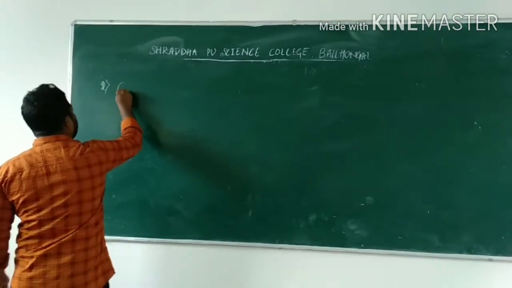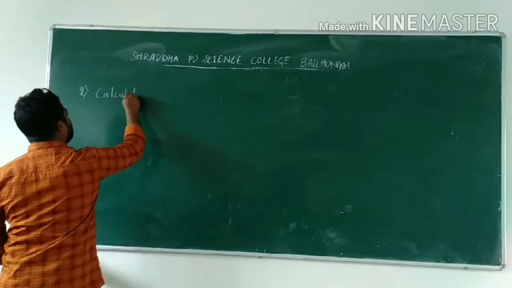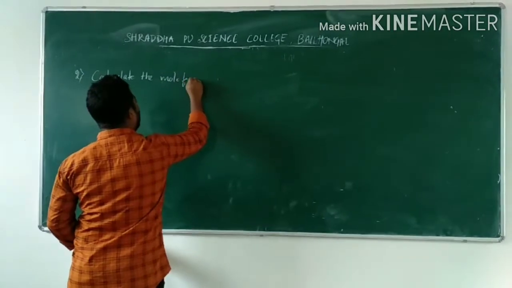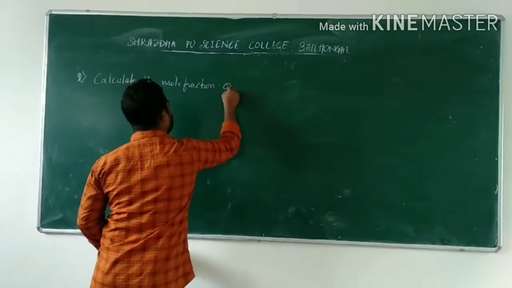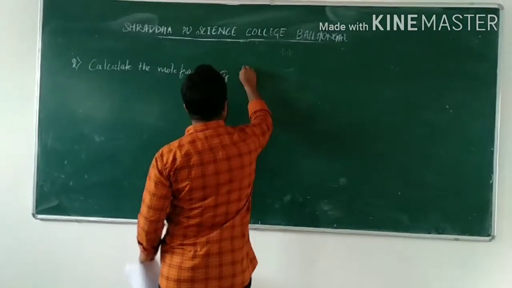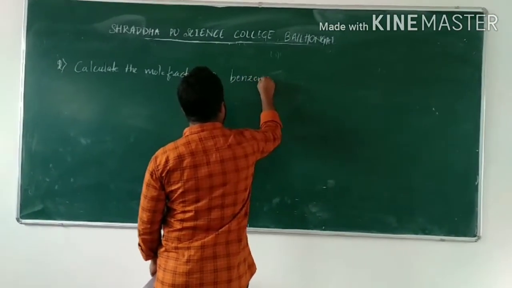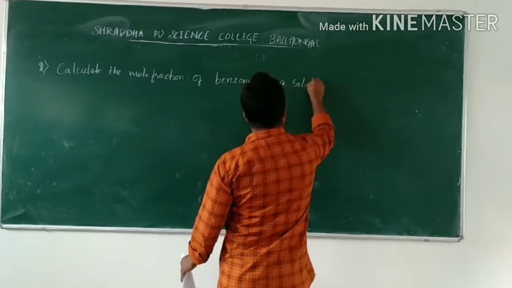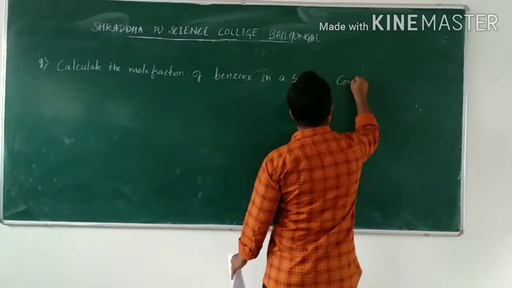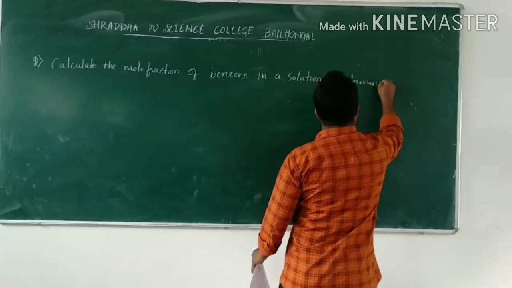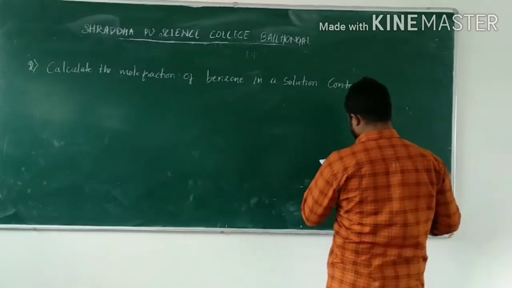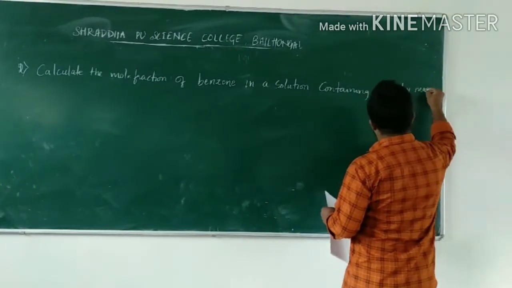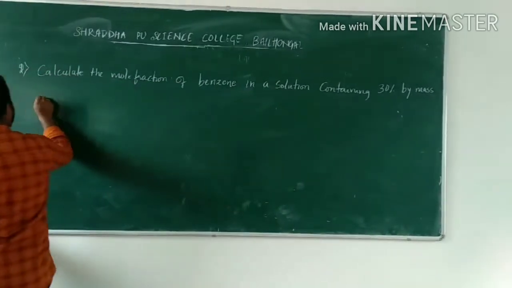The second numerical states: calculate the mole fraction of benzene in a solution containing 30% by mass in CCl4.